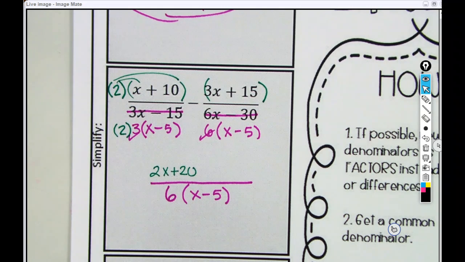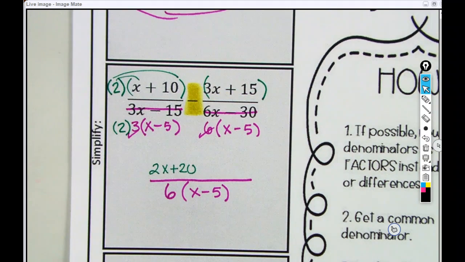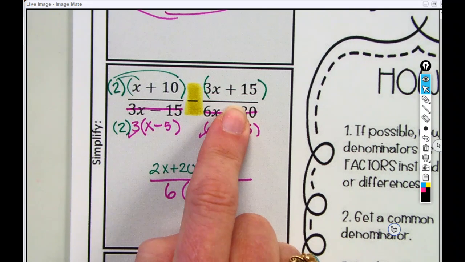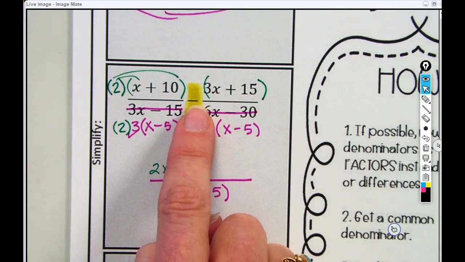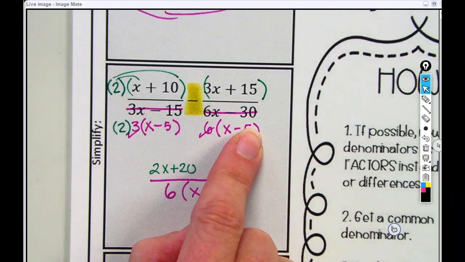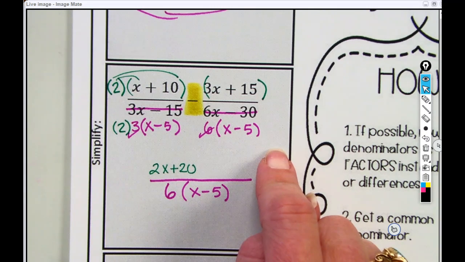Something that gets lost, especially on our subtraction ones, is that guy right there. I'm subtracting the second fraction. And people ask me, every time we do this, does the minus go to the top and the bottom? I want you to think about that. If I had a negative over a negative, what does that make? A positive.